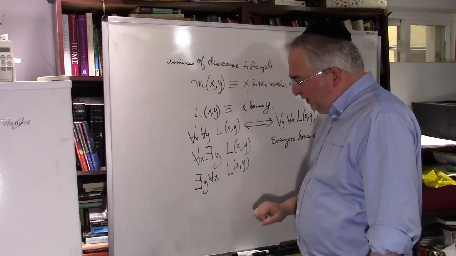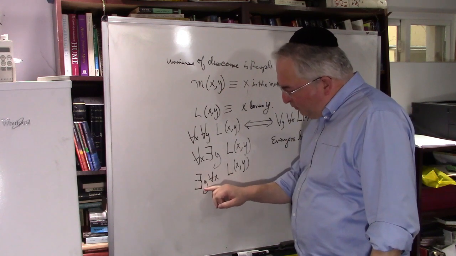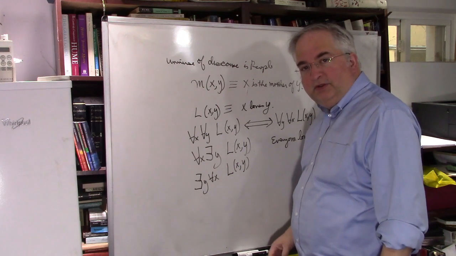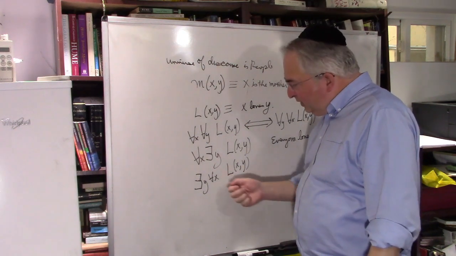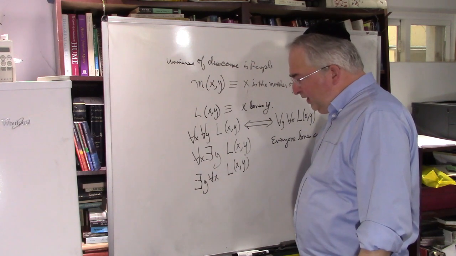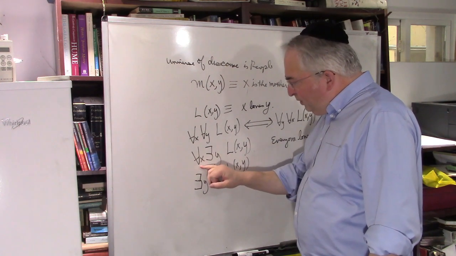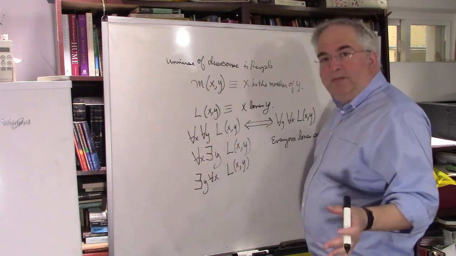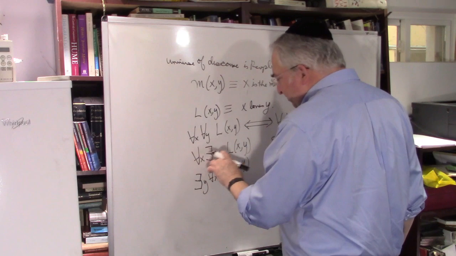This is not the same thing. This says there is someone such that everyone loves that one person. The previous one says for every person, there is someone that they love. So, for example, everybody loves their mother, right? So everybody has a mother.